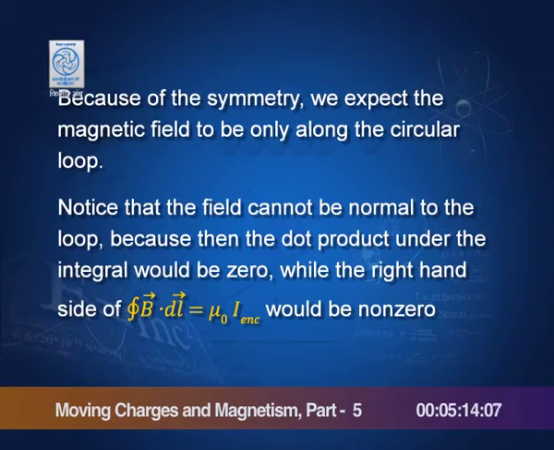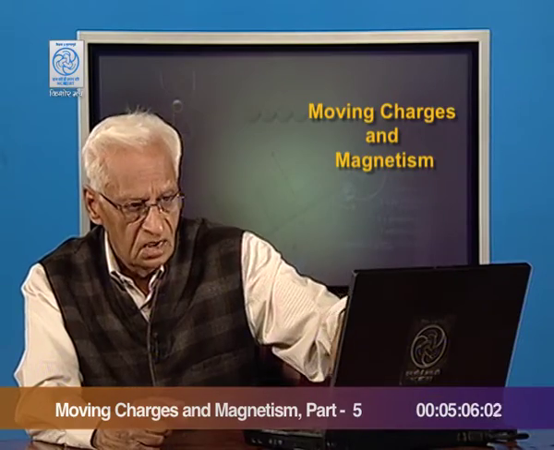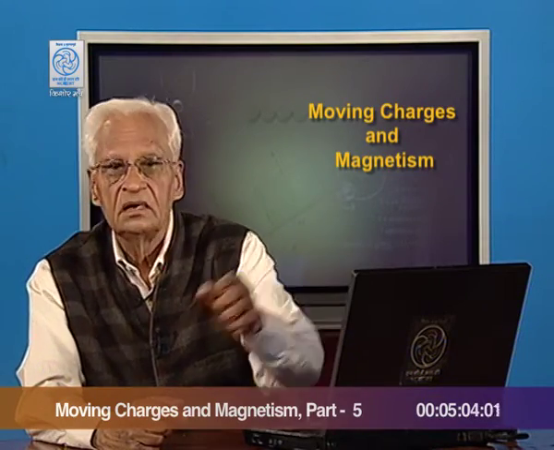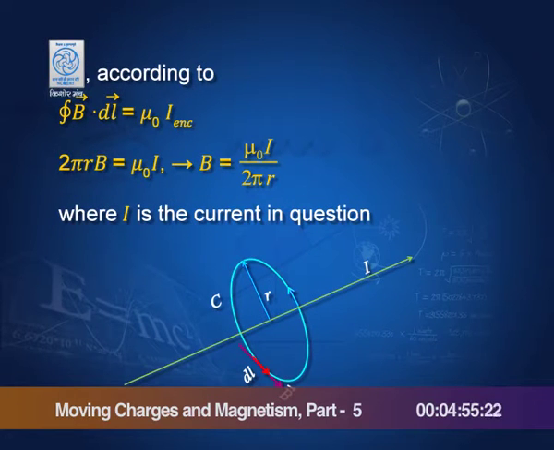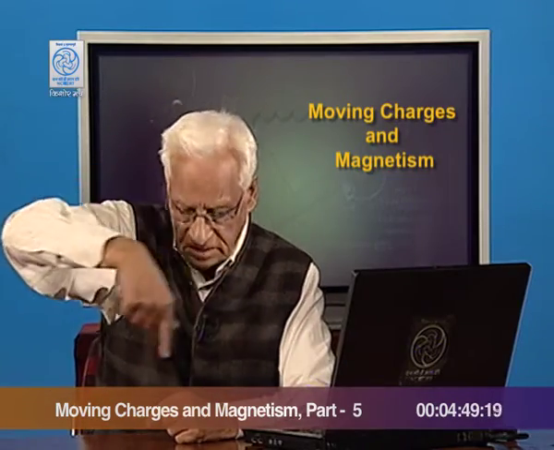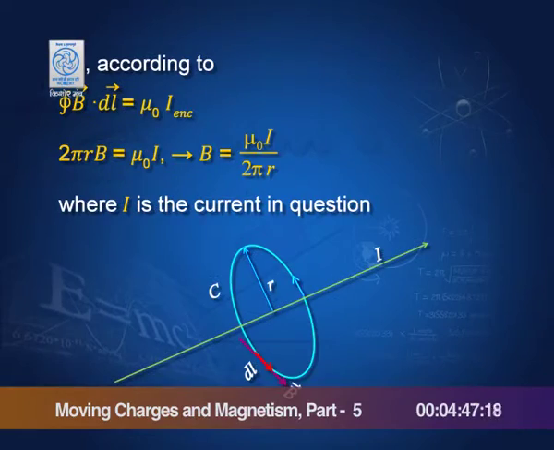Because of symmetry, the magnetic field must be constant along this loop. It cannot be across that loop, because then the dot product becomes 0. So, it must be along the loop and must be constant because of symmetry. Therefore, I have Ampere's law, integral B dot dl is equal to mu 0 I enclosed, and I use that law. The total length of this loop is 2 pi r.